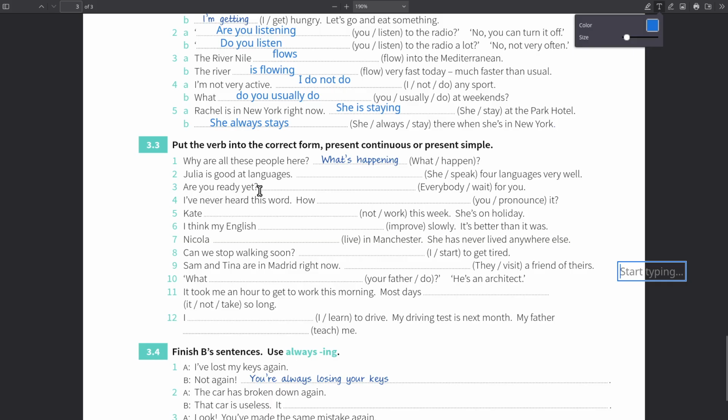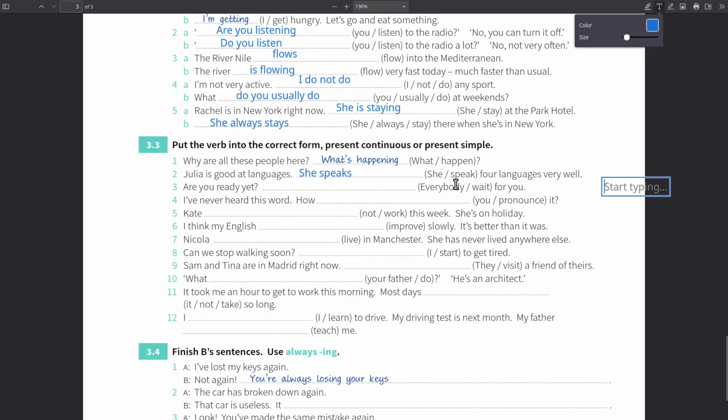Julia is good at languages. She speaks four languages very well. So in that case, I think it's just a present simple. She speaks, right? Because that's something that is true.